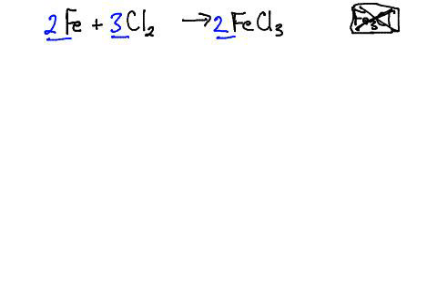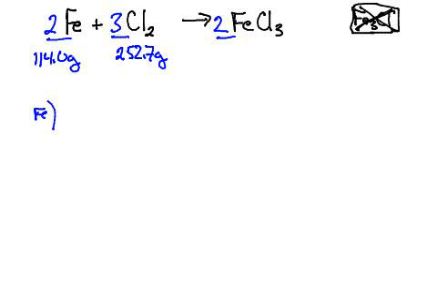Now next question says, what is the limiting reactant? To do that, we start with what we know. We have 114.0 grams of iron, and we have 252.7 grams of chlorine gas. What we need to do is just convert to moles and divide by the coefficient.